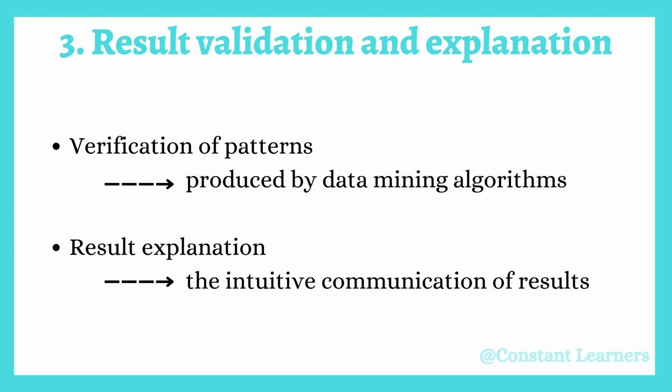So, in this third stage, first we are trying to validate whether the results or the conclusions that we have come to are correct or not, are proper or not, right? And then we get to the result explanation part, that is, we are trying to communicate our results with other people. All right, so this is result validation and explanation.